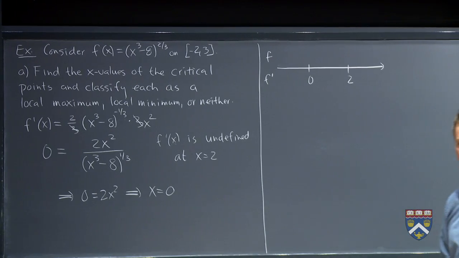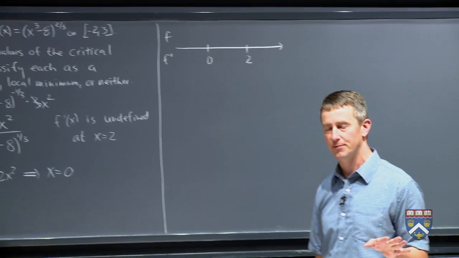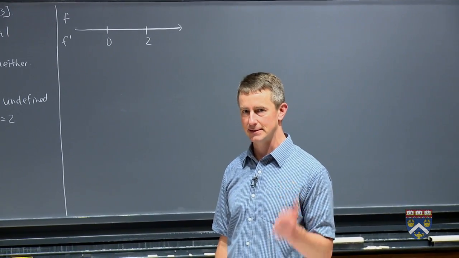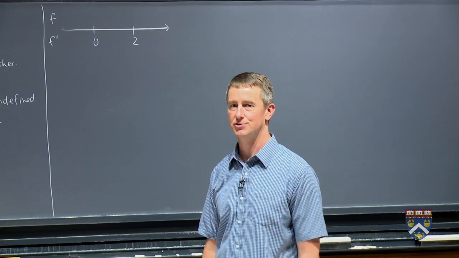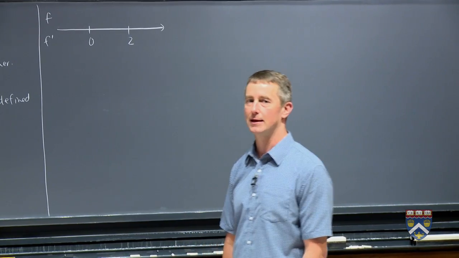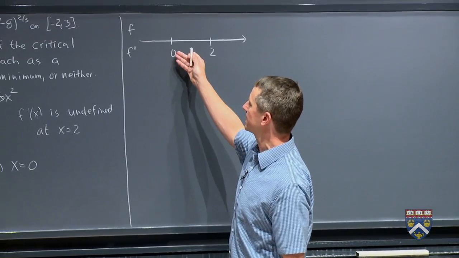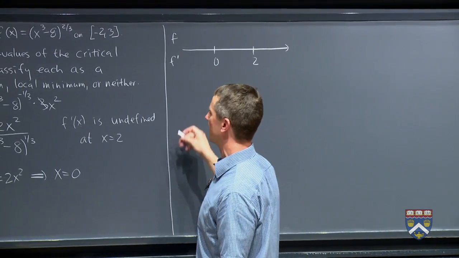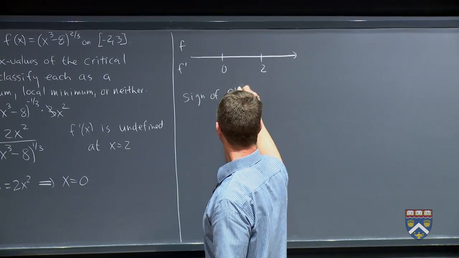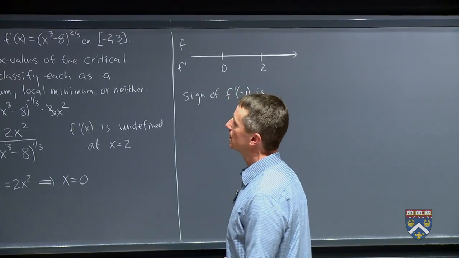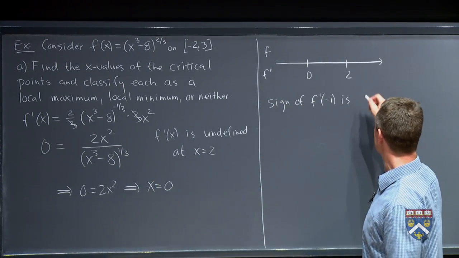Now we want to test values on either side by plugging into f prime. If you think back to the last problem, there were times when you plugged into f prime, times when you plugged into f double prime, and times when you plugged into f. So let's think in advance about what we should be plugging into in each of the upcoming parts of this problem. Here we're trying to find local extrema, so I pick a number over here like -1 and plug into f prime. The top of the fraction is going to be positive.